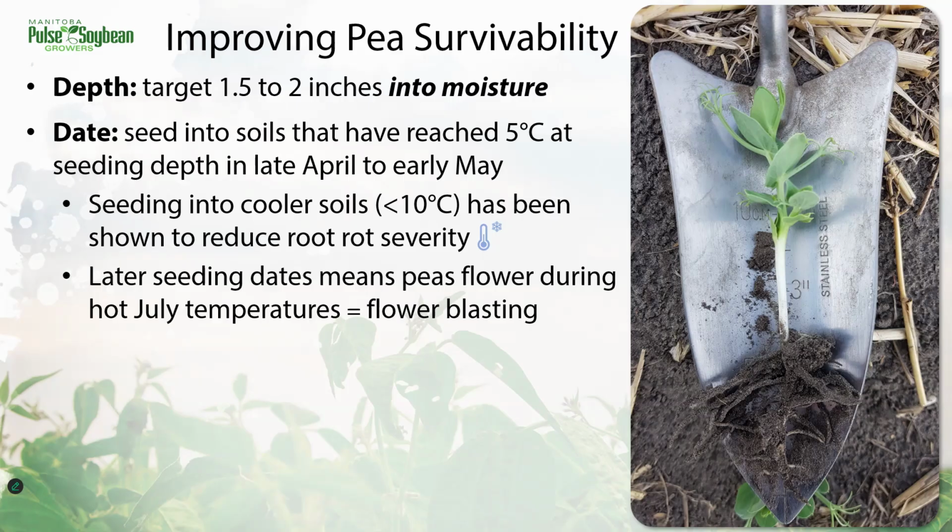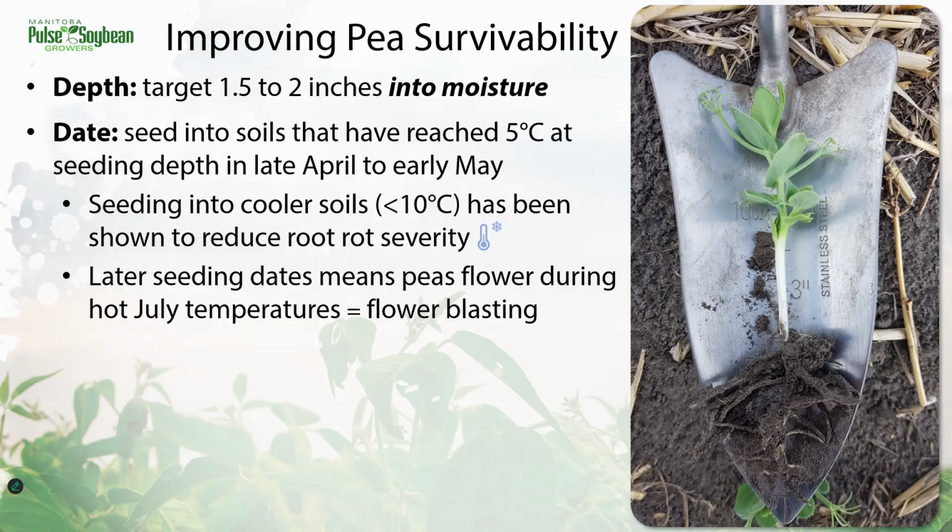You want to seed in April, or at the latest early May, into soils that have reached 5 degrees Celsius at seeding depth. Warmer soils mean faster, more even emergence, but research has also shown that seeding into soils below 10 degrees has reduced root rot severity, which can impact plant stands.